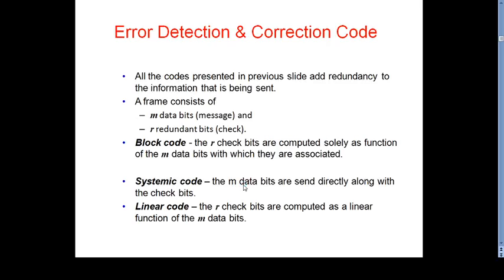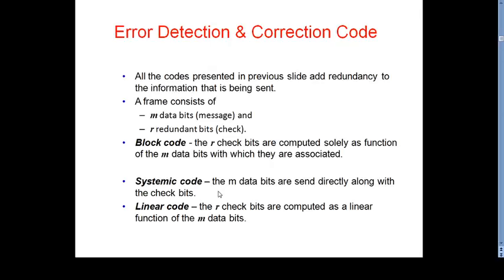All the codes presented in the previous slides add redundancy to the information that is being sent. The frame consists of M data bits, nothing but the message, and R redundant bits, nothing but the check bits. There are different types of codes. In block codes, the R check bits are computed solely as a function of the M data bits with which they are associated.